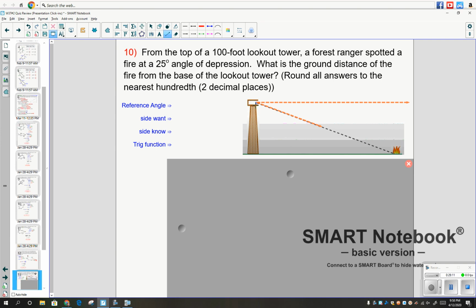So right here is the forest ranger in the tower. There's my angle of depression. When I get down to the ground, I can draw a line straight up here to create my right triangle.